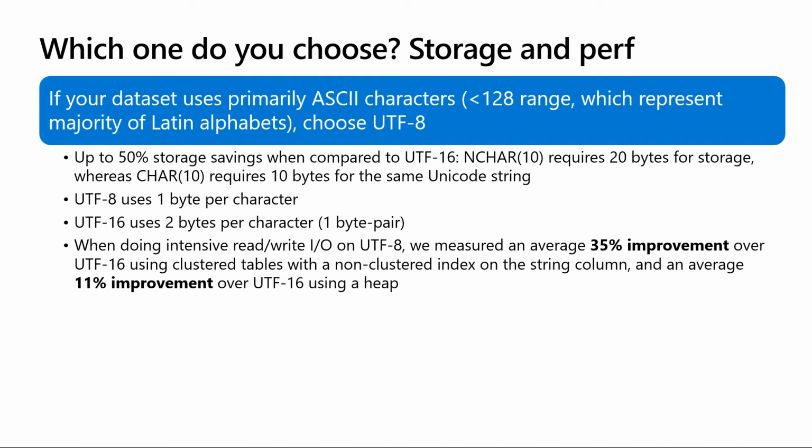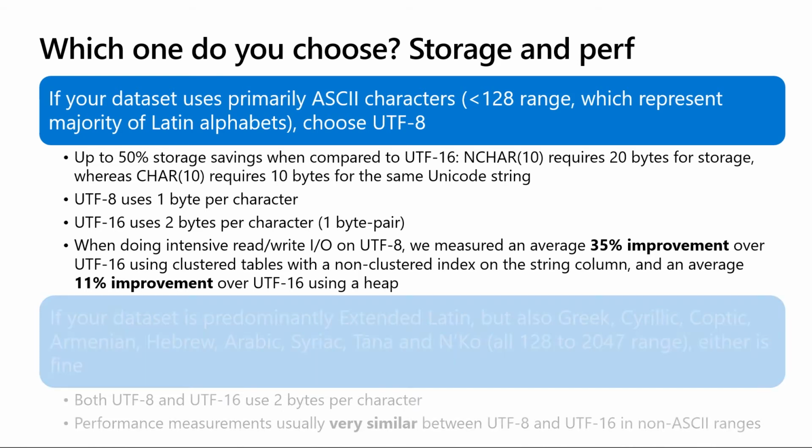We have tested that when doing intensive read-write I/O between UTF-8 and UTF-16, we measured an improvement of around 35% when using UTF-8, when both are using clustered tables with 1 non-clustered index on the string column. When compared to a heap, again UTF-8 versus UTF-16, we saw 11% improvement. So it's an improvement all around, and it is our recommendation for you to use UTF-8.